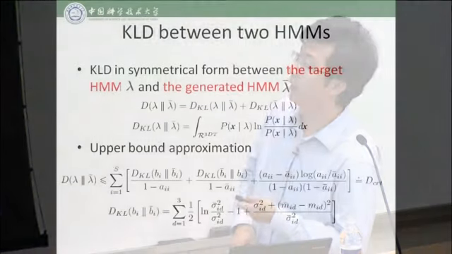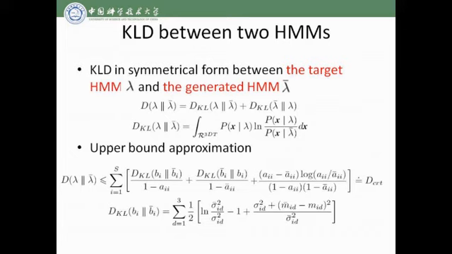That means when the acoustic features are generated, we use these features to estimate the mean and the variance of each HMM state, and then get the sentence HMM of the generated speech. Then we can calculate the KL divergence between these two HMMs. We use the KL divergence in a symmetrical form between the target HMM and the generated HMM. But unfortunately, because of the hidden state, we cannot calculate this directly.